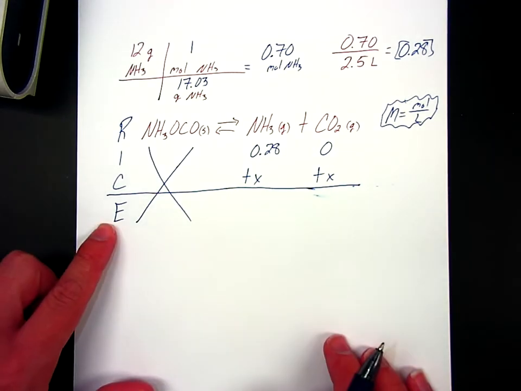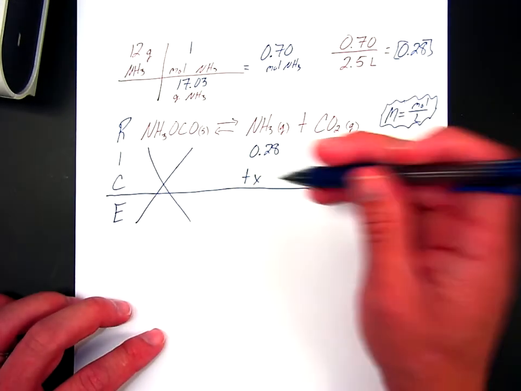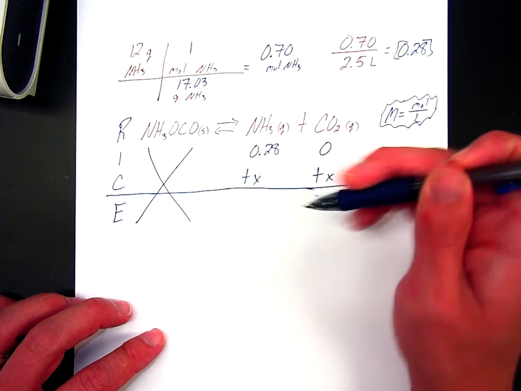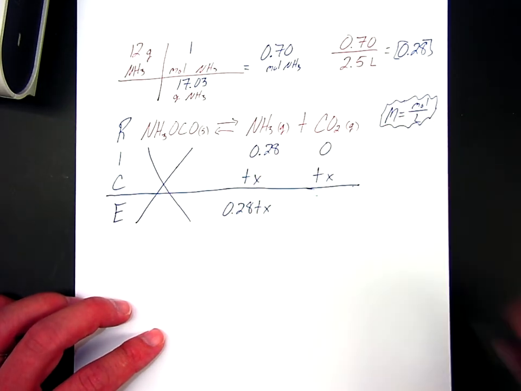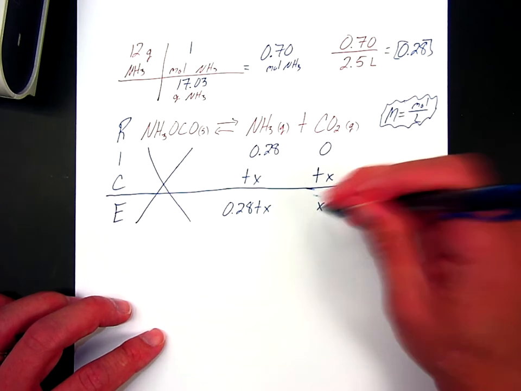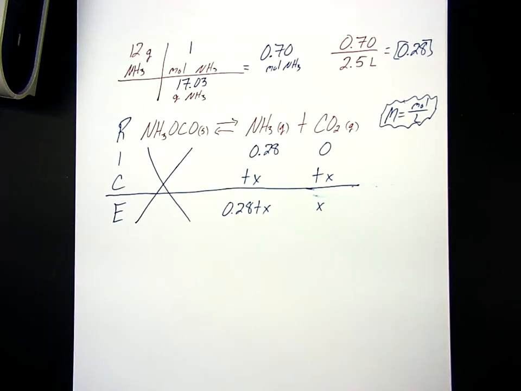And then, of course, row E is going to be I plus C equals E. So let's go 0.28 plus x here, and then this is just x there. So the question itself is looking for the equilibrium concentration of the carbon dioxide.